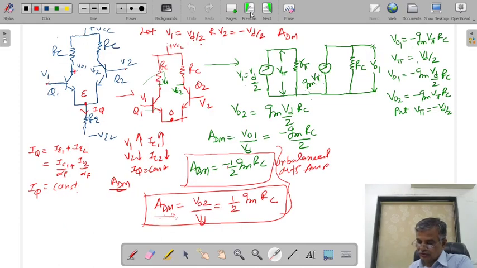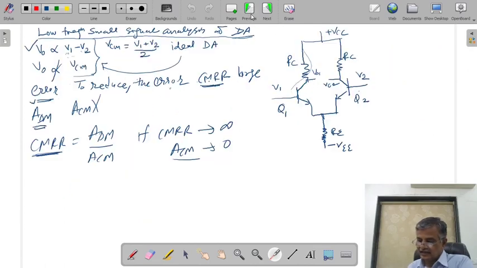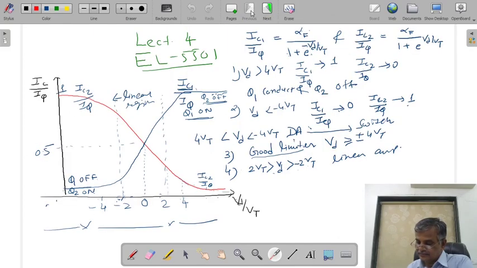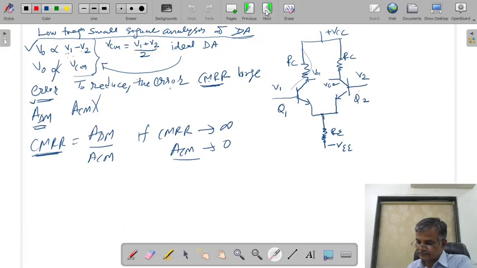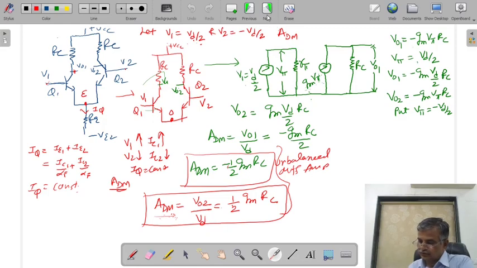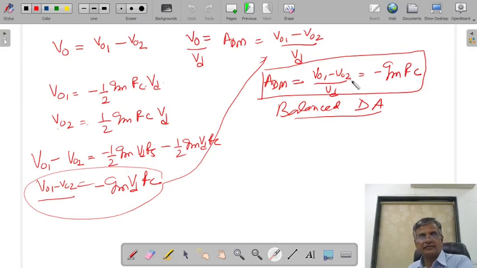Unbalanced, you know, is when you take the output between the collector and ground. This is for the unbalanced, and this is for the balanced differential amplifier.